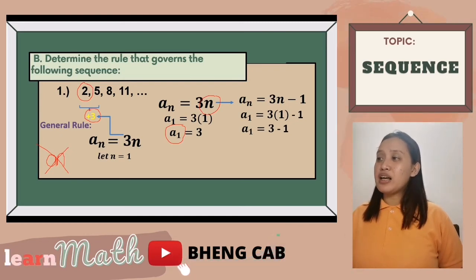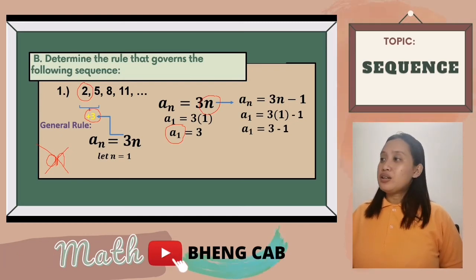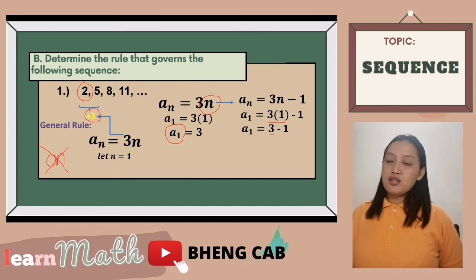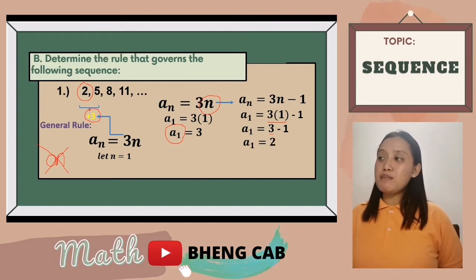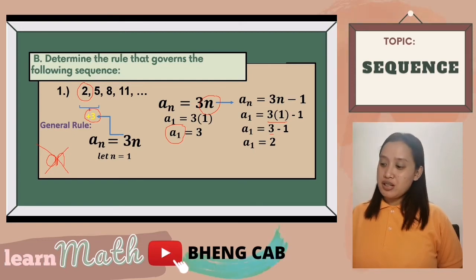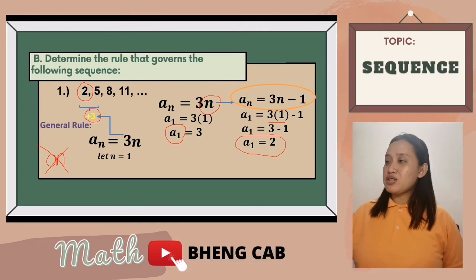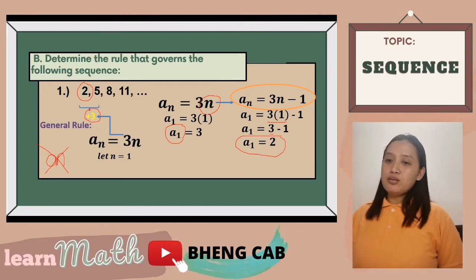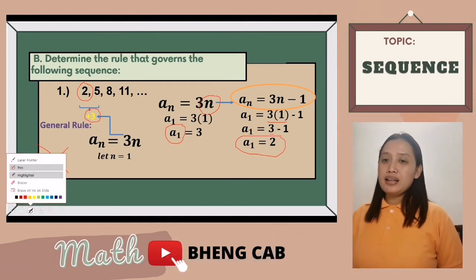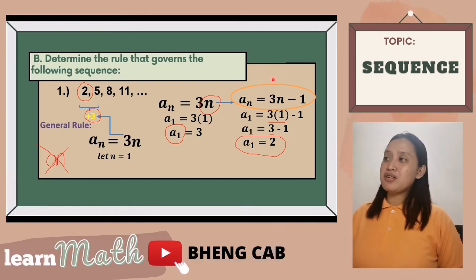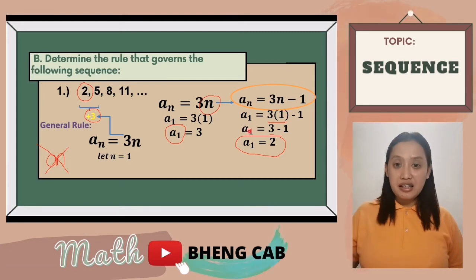Or simply 3 times 1 is 3, minus 1. Kakopy na lang natin yan. So, a sub 1 is equal to 3 minus 1, or simply equals to 2. So, that means to say, etong nakuha nating 3n minus 1, or a sub n equals to 3n minus 1, ang ating general rule.